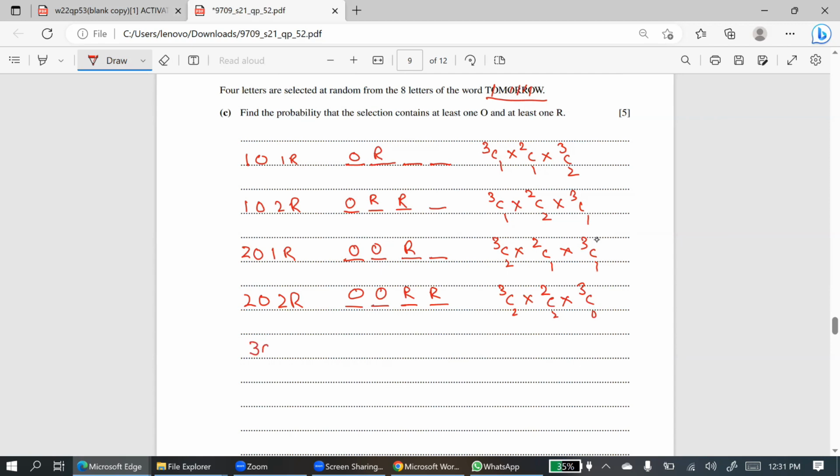Now 3 O's and 1 R. Out of 3 O's, we will select 3. Out of 2 R's, we will select 1 R. And out of the remaining 3, we will select none.